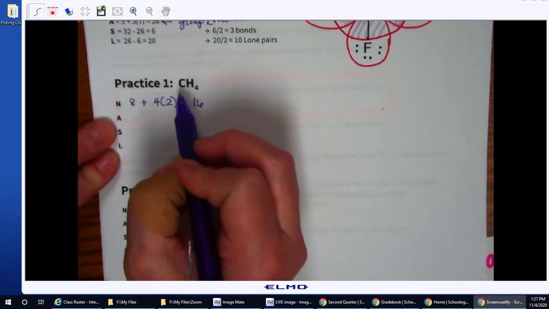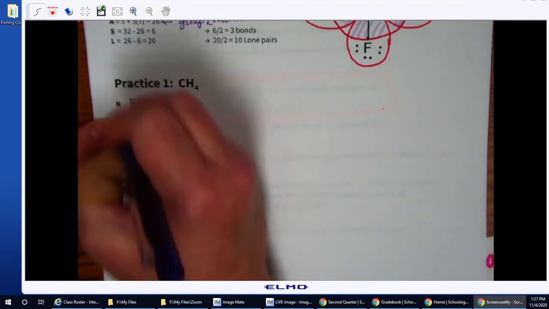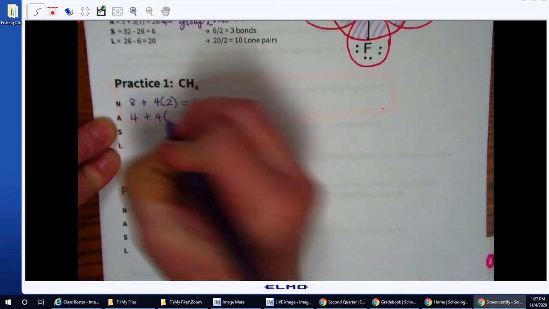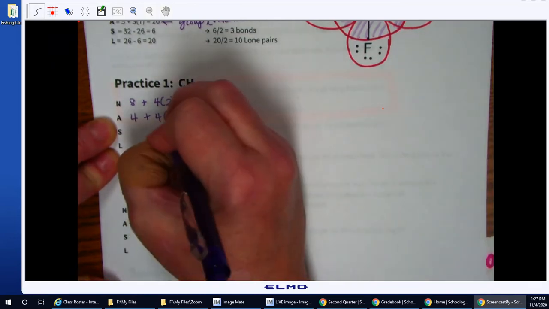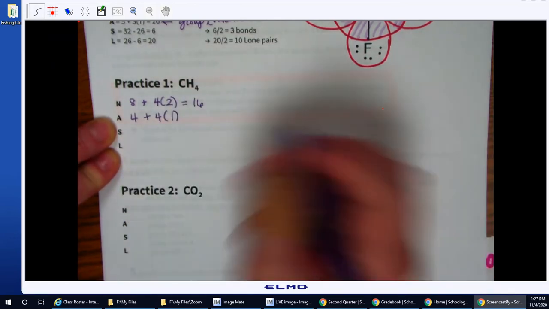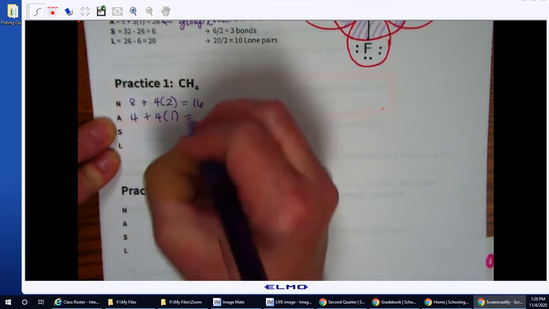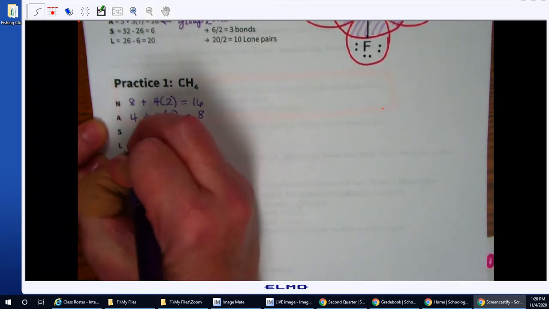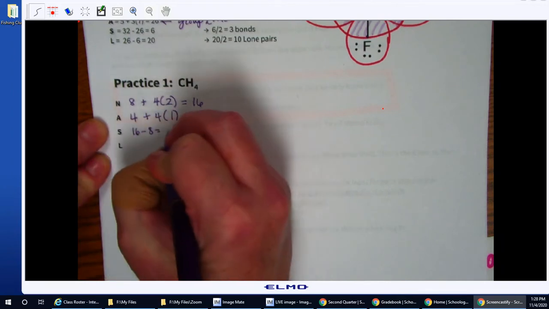But how many does it actually have? In terms of actual, carbon is in group 14, so it has 4 valence electrons, and there are 4 hydrogens, but each hydrogen brings only 1 electron with it. So 4 plus 4 is 8. I subtract, I get 16 minus 8.